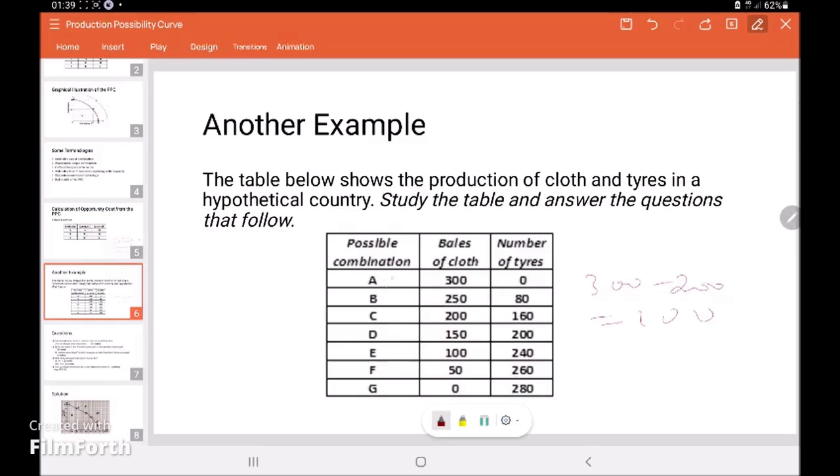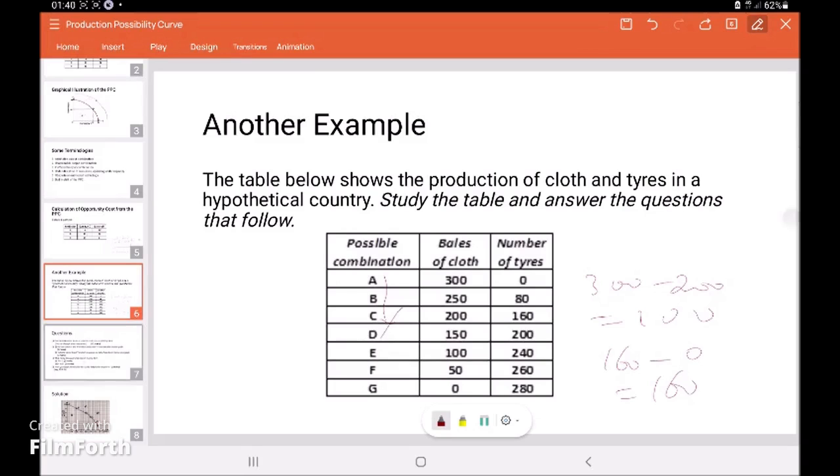If you move from A to C, you are gaining 160 ties, and that will be 160 minus 0, and that gives us what? 160. You are gaining 160 ties. So in order to gain 160 ties, you have to sacrifice 100 units of bales of cloth.